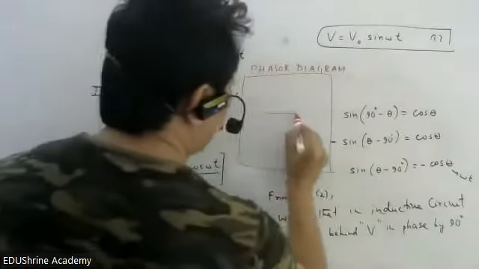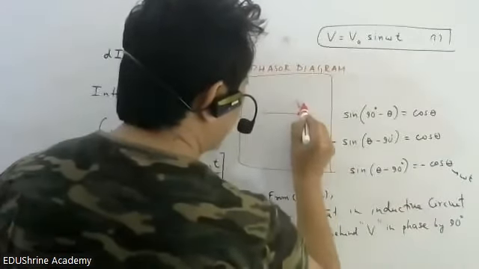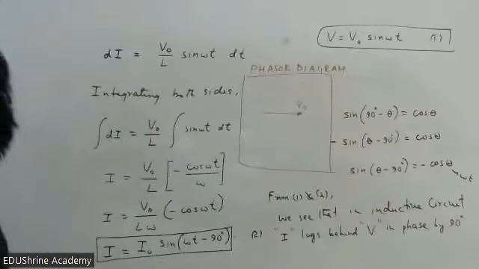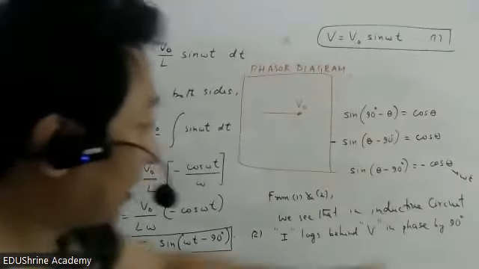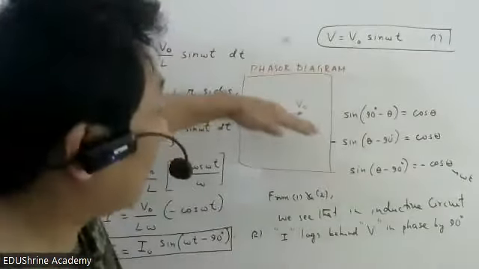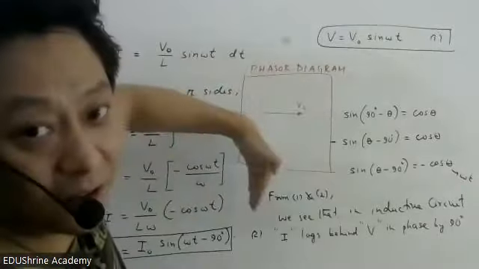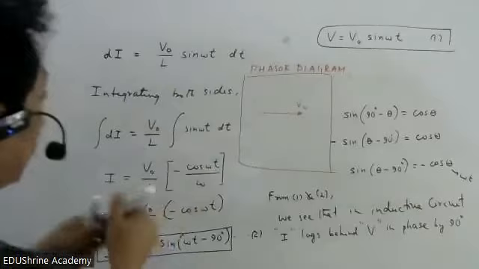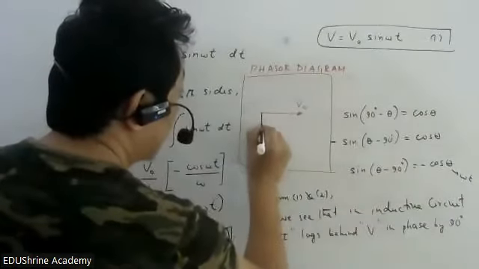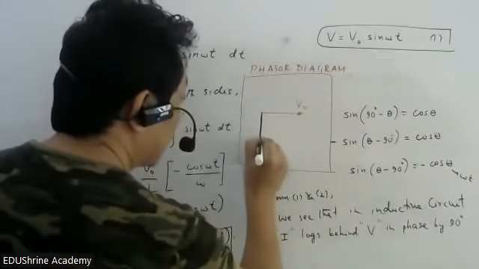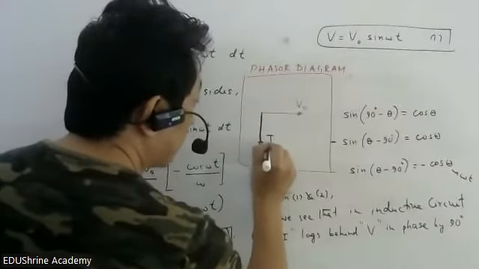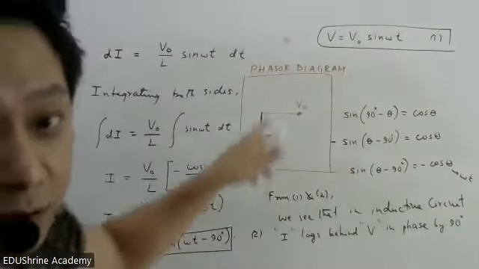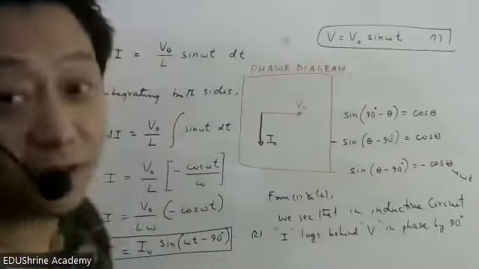If this is the phasor representing voltage, this time what is the phase difference? 90 degree only. But this time current is ahead or behind? Behind. Show current. So this is the phasor diagram. This also you have to draw, remember, not only the derivation.